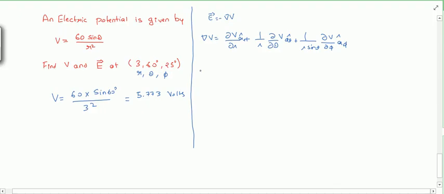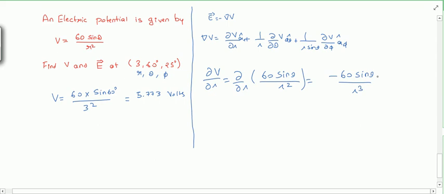So let's apply this. I have to find E. Minus is already there, then del V by del R, so I have to differentiate this with respect to R. Let's find del V by del R first. It is del by del R of 60 sine theta by R squared. 60 sine theta will come out, and differentiation gives minus R cubed multiplied with 2, so it becomes 120.